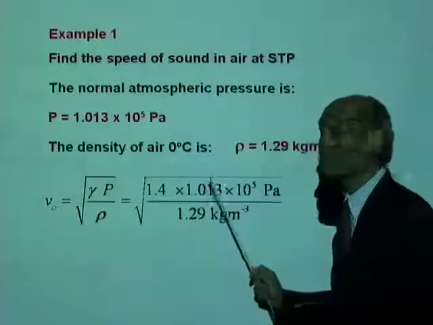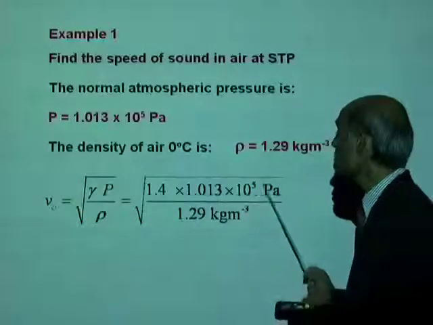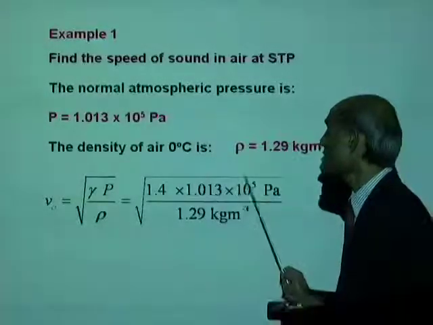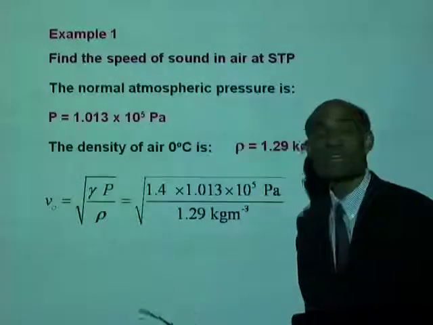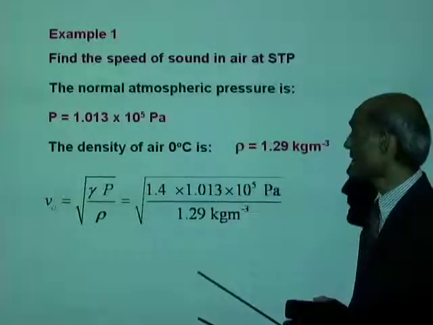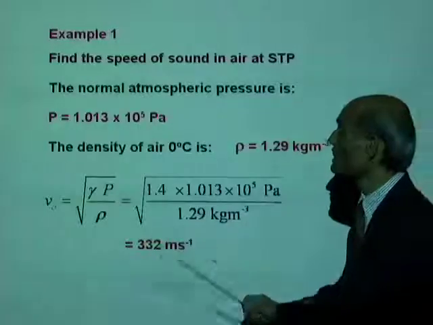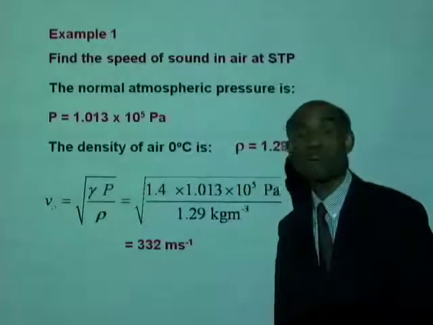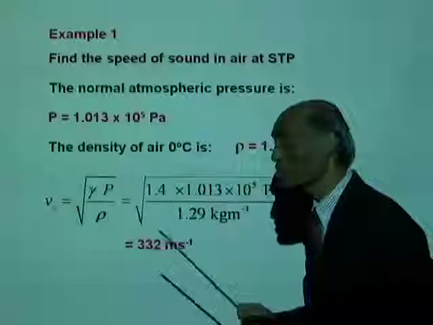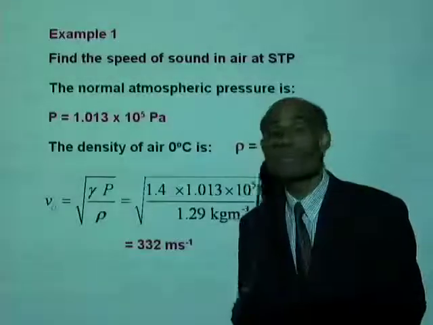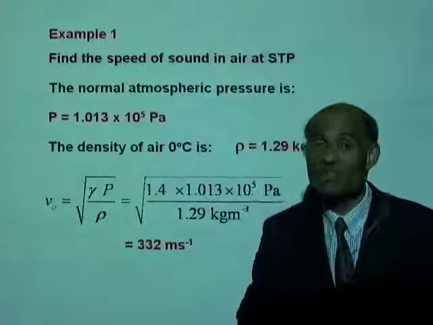Gamma is 1.4, P is 1.013 times 10 to the 5 Pascal, divided by density is 1.29 kilogram per meter cube, and we get that as 332 meter per second. This is the speed of sound in air at 0 degrees Celsius.